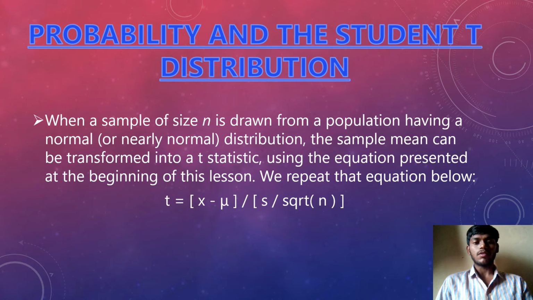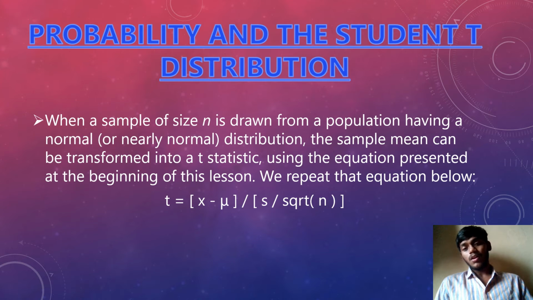Probability and the Student's t-distribution. When a sample of size n is drawn from a population having a normal or nearly normal distribution, the sample mean can be transformed into a t-statistic using the equation presented at the beginning of this lesson.